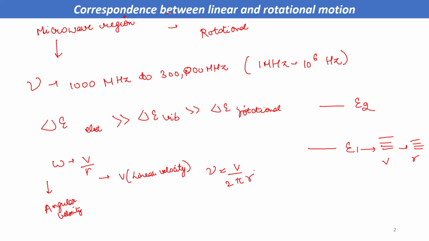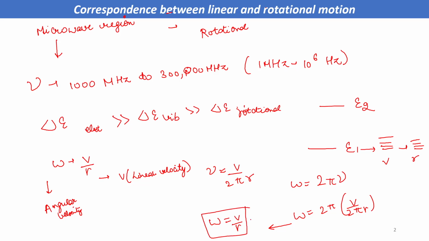This was one relation. From here we can also know the relation between the frequency and the angular velocity: angular velocity is equal to 2 pi nu. If we substitute the value of frequency from the above equation, it will be 2 pi v by 2 pi r. Here 2 pi will be cancelled out. So finally omega will be equal to v by r. This is the relation between the angular velocity and the linear velocity, that is, angular velocity is linear velocity divided by r.